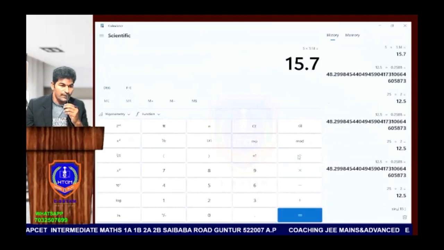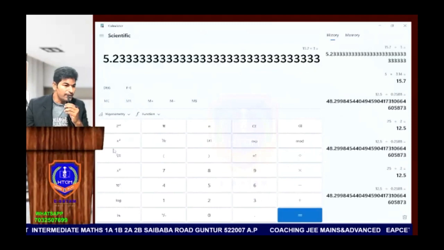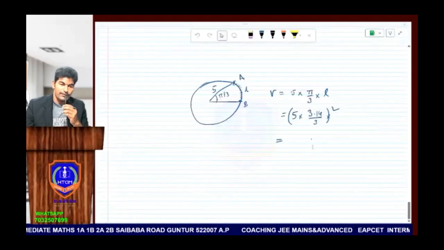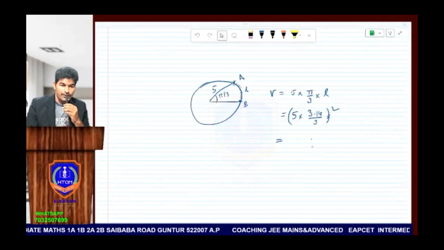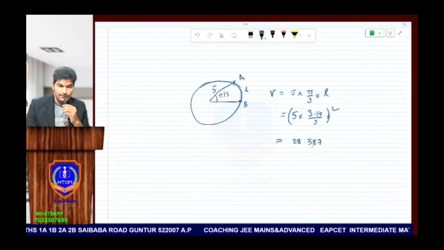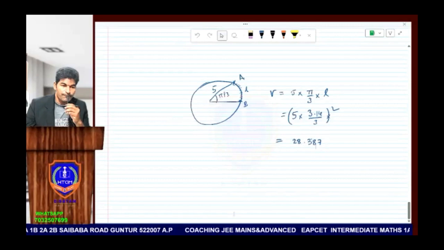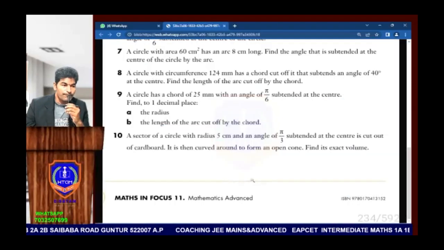How much is that? And that divided by 3. And this will be squared. It will be 27.3887. So that is the answer for you. Is that the same answer?